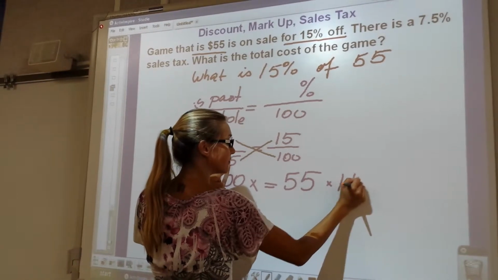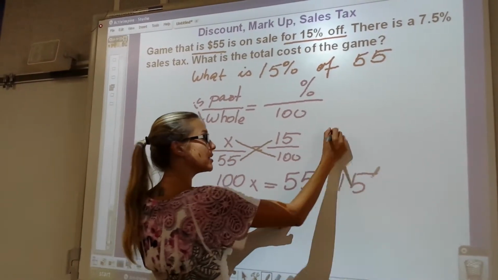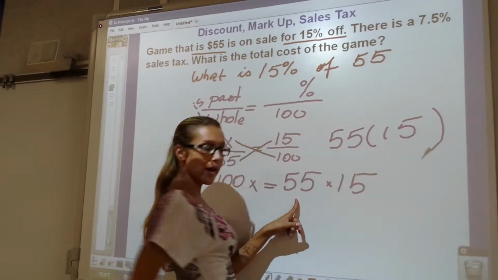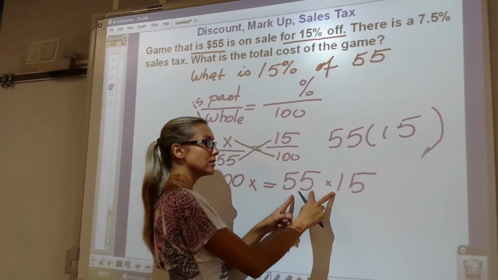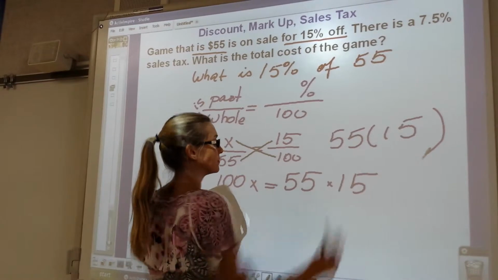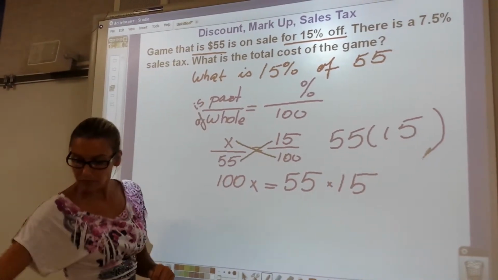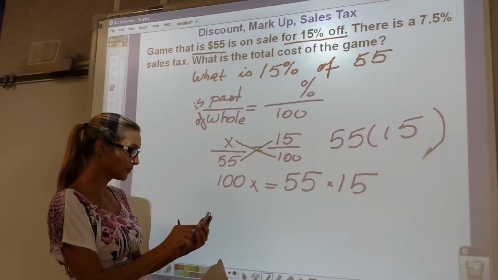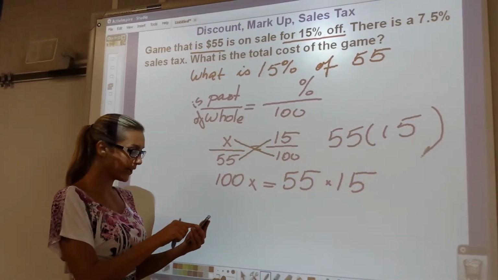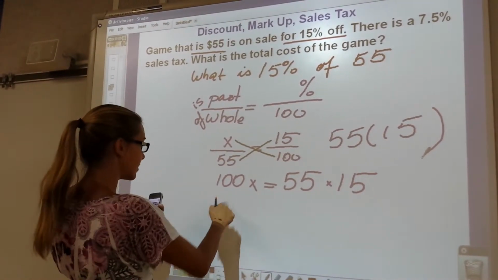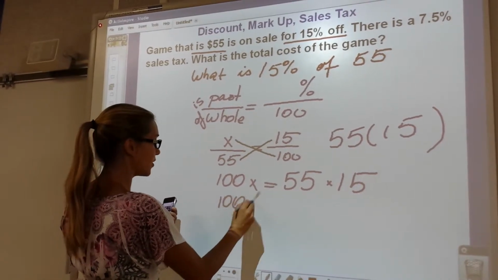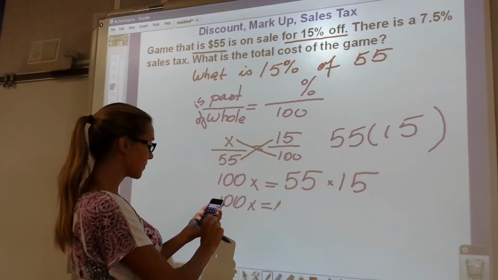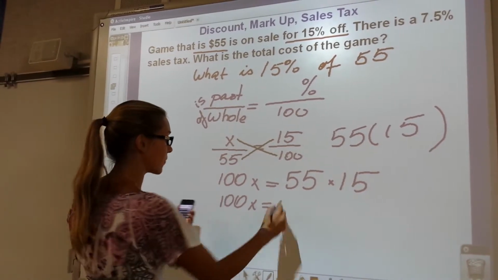Could I write this like this? Oh, absolutely I can. This is the same as that. Alright, so I'm going to take my calculator, aka my phone, and I have 100x equals 55 times 15.